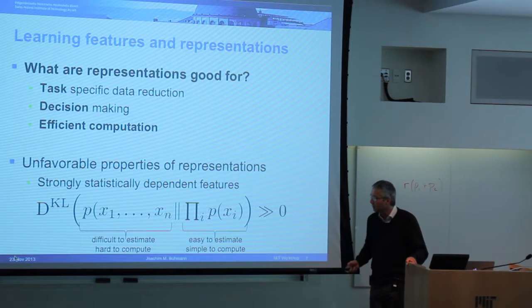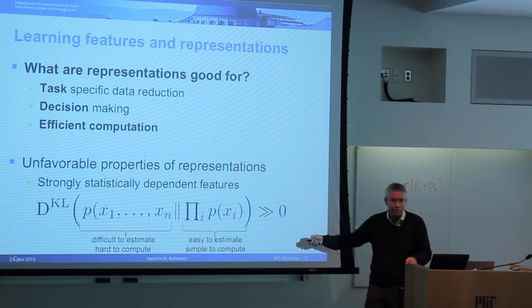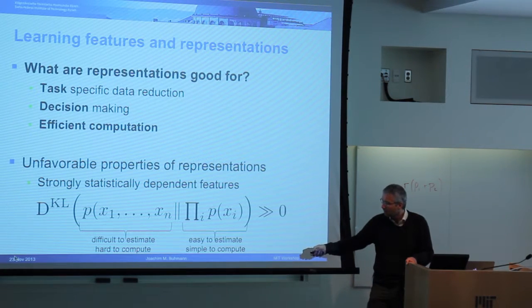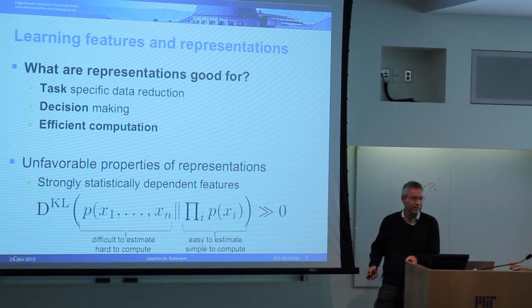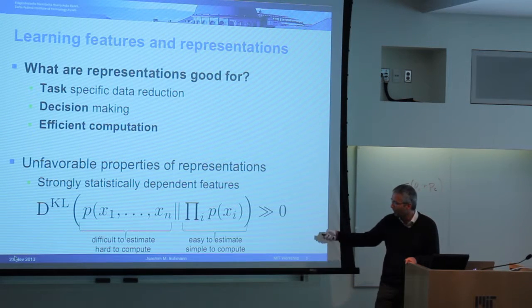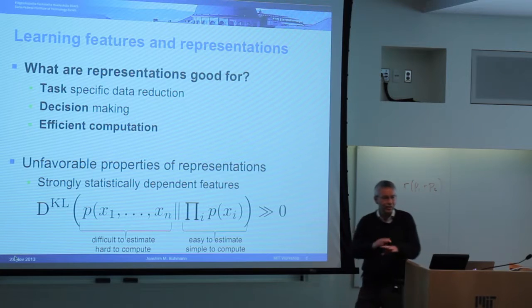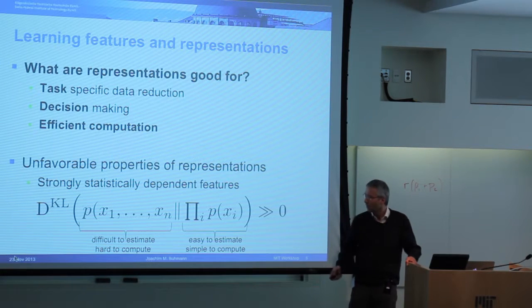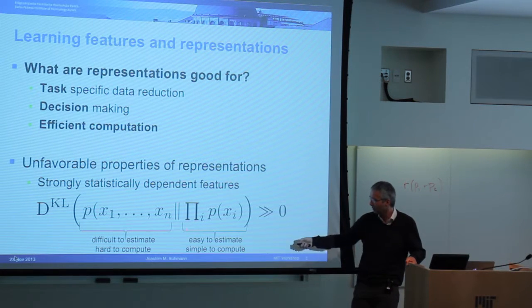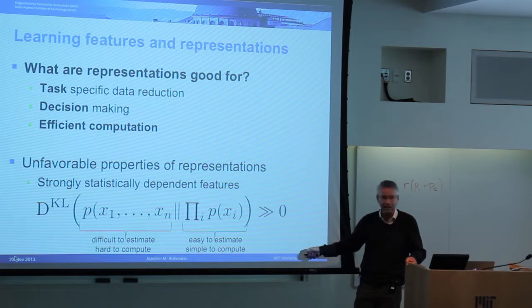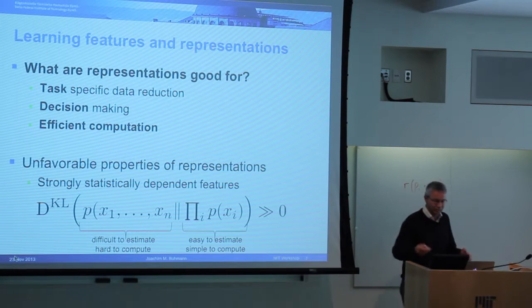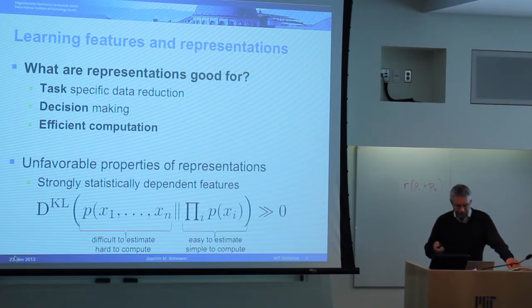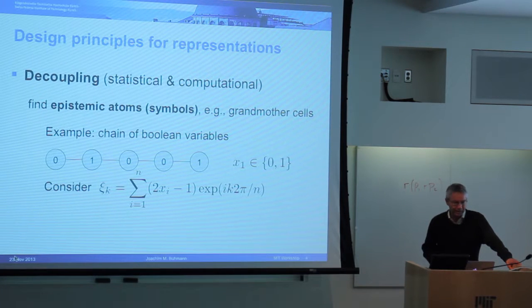And second, when you manage to estimate it, any computation on this is very complicated. So if you are in this world where variables are basically separated, you deal with much simpler to estimate objects, and they also give rise to a lot of very fast computation.